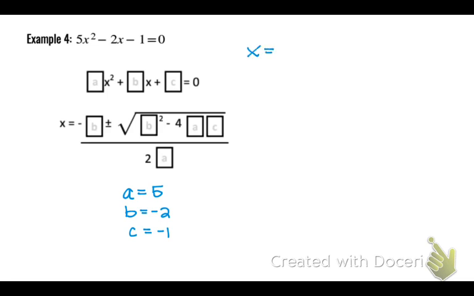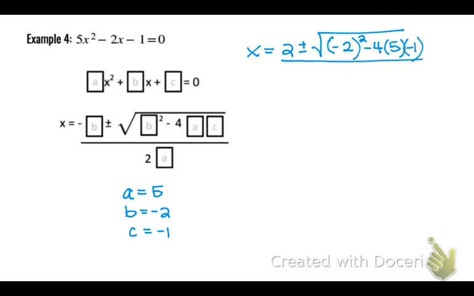B is a negative 2, which means it's going to be a positive in the formula, plus or minus the square root of negative 2 squared minus 4 times 5 times negative 1, all divided by 2a, 2 times 5.